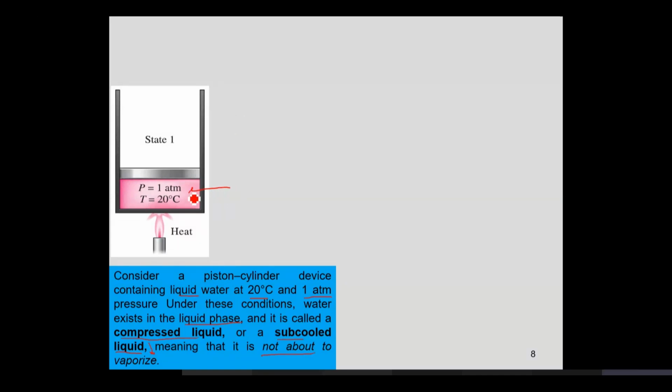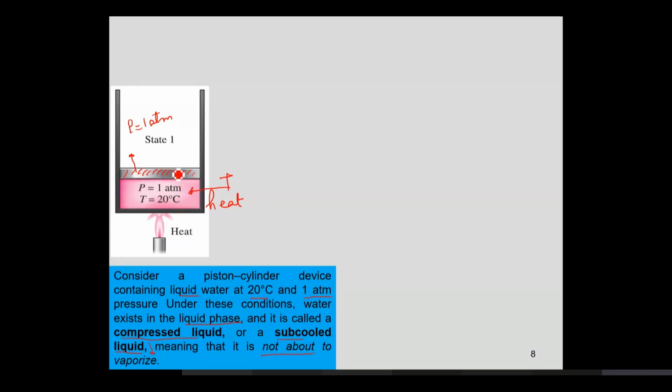All right, let's say I add a certain amount of heat to the system. As a result of this heat addition, what would happen to this piston? Move upwards? In case of water, no, no. If I'm adding heat into the system, the outside pressure is 1 atmosphere, and there is this weight acting on top of this water.